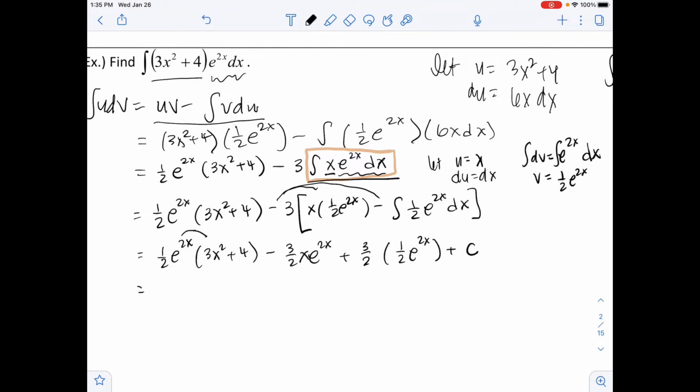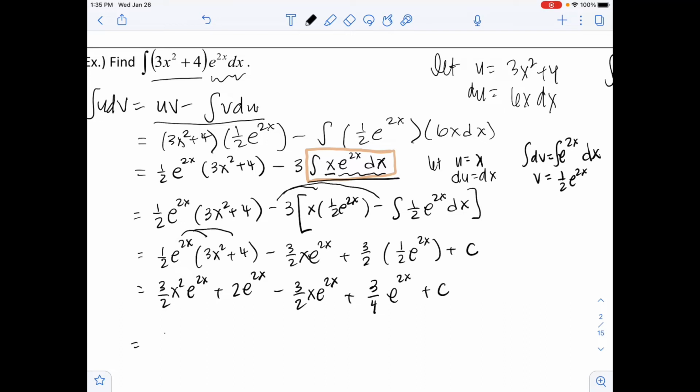I'm going to distribute the 1/2 e^(2x), and we have 3/2 x^2 e^(2x) plus 2 e^(2x) minus 3/2 x e^(2x) and plus 3/4 e^(2x) plus c. From here, we can combine some like terms.